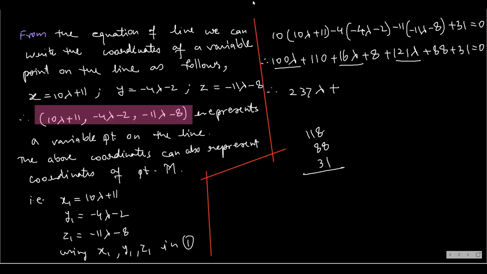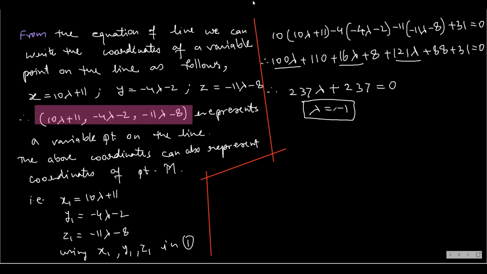So how much is this? 8 plus 8 is 16, 1 and 1 carried is 2, and 8, 10, again 13, 3, 1, 237. So 237 lambda plus 237 equals to 0. Okay. So what is lambda equals to? Lambda equals to minus 1. Lambda is coming minus 1 because minus 237 upon 237. Okay, so I got lambda. So lambda is negative 1.